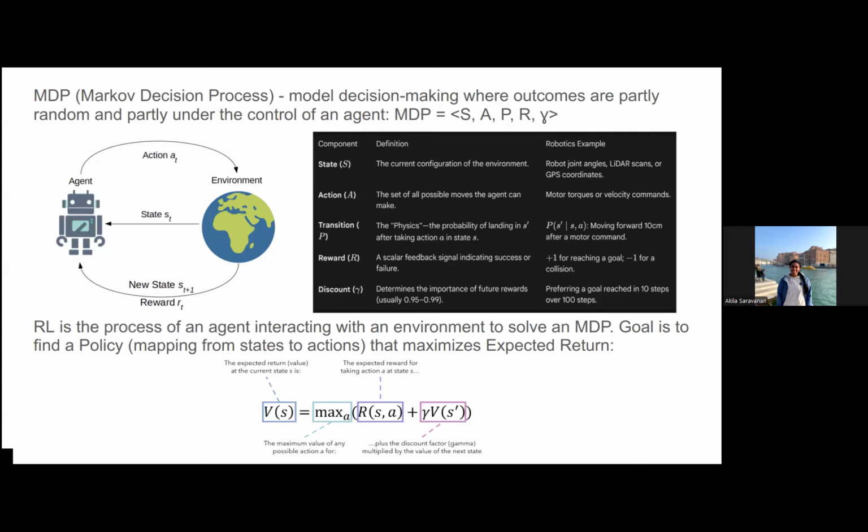So is there any number of steps we want to look forward normally? I don't think so, no. V of S prime is another expected value of that state. So it's not really recursive to some depth.